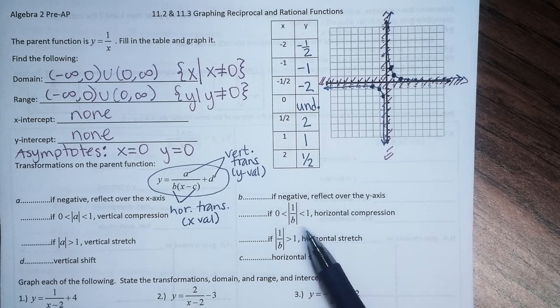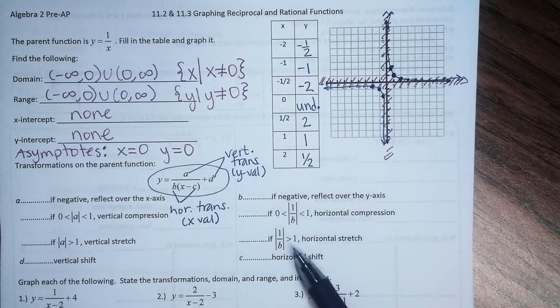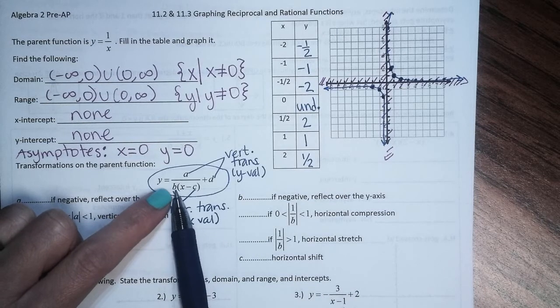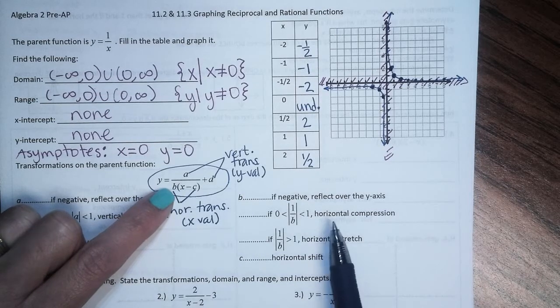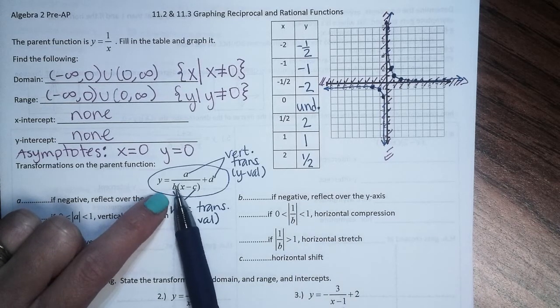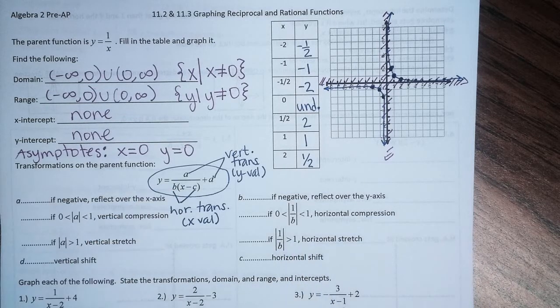And then 1 over b is called the horizontal compression if it's a fraction, and horizontal stretch otherwise. It's like backwards. If you have a regular 2 down here, you would say that is a horizontal compression by 1/2. Or if there is a 1/3 fraction there, then you would be saying that it is a horizontal stretch by 3. I'll show you some examples when we get there.